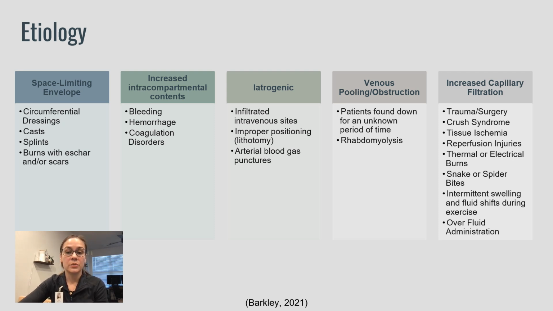Venous pooling or obstruction, such as patients found down for an unknown period of time, or rhabdomyolysis. And increased capillary filtration, such as trauma or surgery, crush syndrome, tissue ischemia, reperfusion injuries, thermal or electrical burns, snake or spider bites, intermittent swelling and fluid shifts during exercise, or overfluid administration.